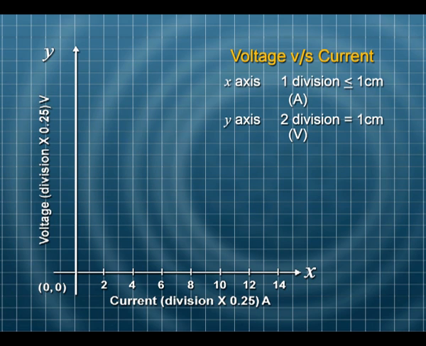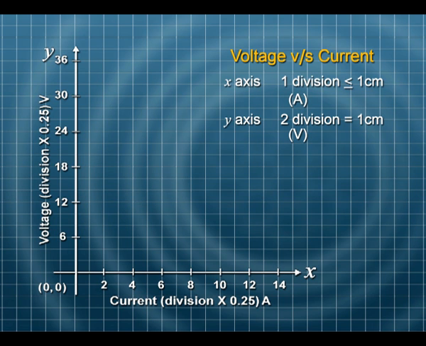On the y axis we have 2 divisions equal to 1 centimeter. Therefore, for 3 centimeters we put 6, for the next 3 centimeters 12, for the next 3 18, for the next 3 24, and further.